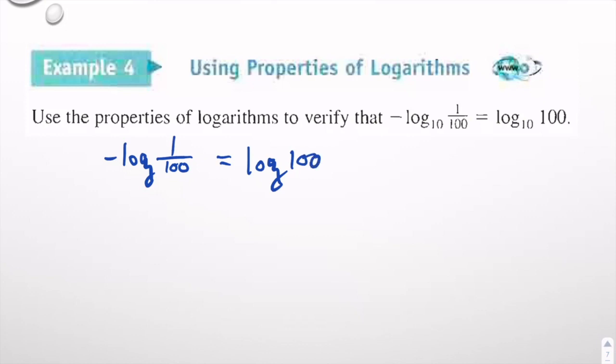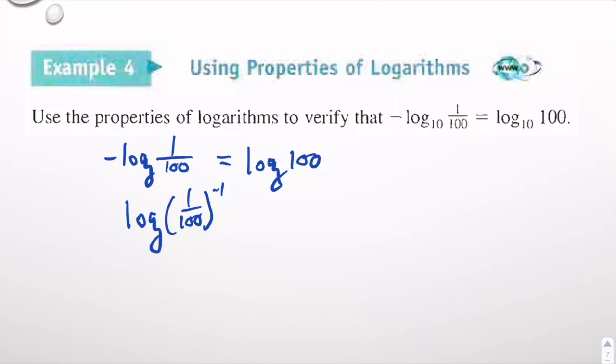Well, let's just work at this a little bit. We know already that I can rewrite this as log on the left-hand side of 1 over 100 to the negative 1 power, because I can just take that negative 1 from the front of the logarithm and make it the exponent of the argument inside the log.